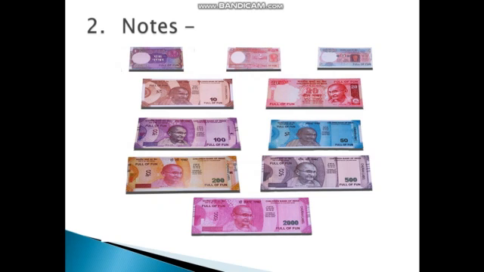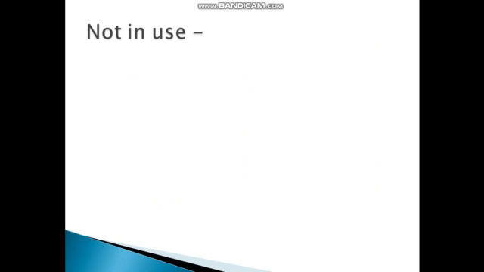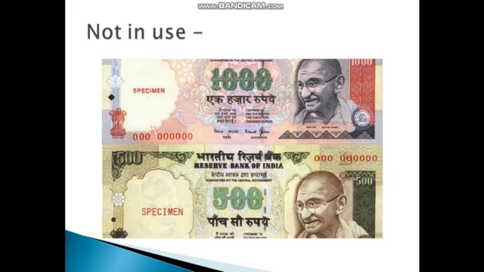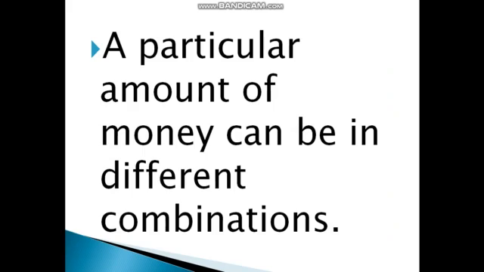We had some notes that are not in circulation now. That is 500 rupees and 1000 rupees. Children, we do not have 1000 rupees now, but we have 500, but that note is entirely different from the old one. So this old 500 rupee note is not in use now.